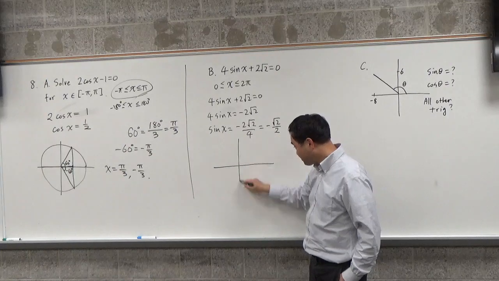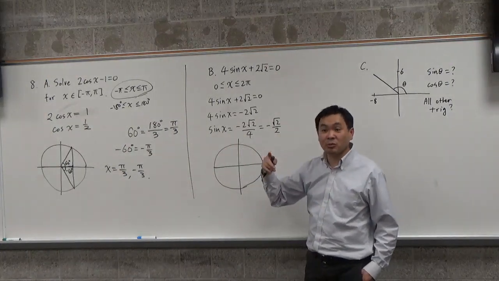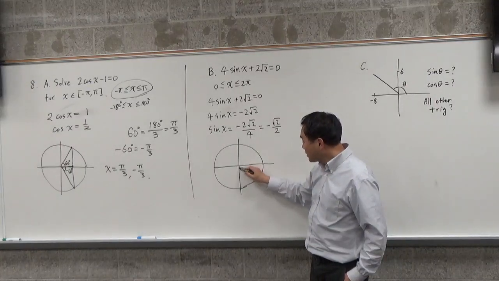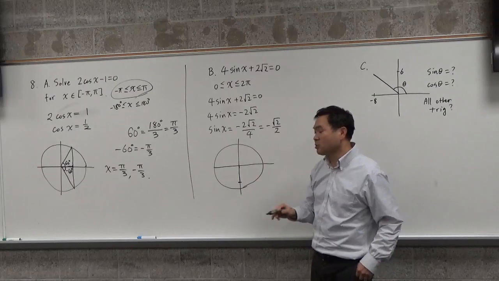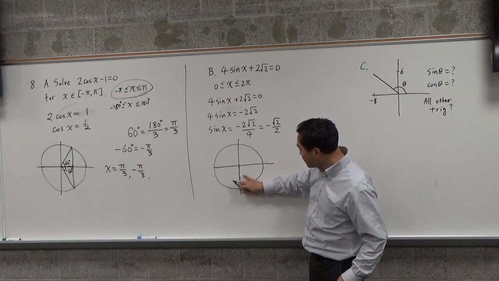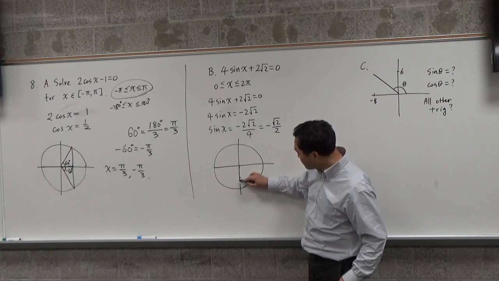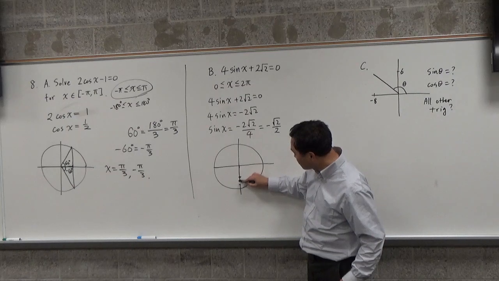And then on the unit circle, because sine is the y value, you're going down, and it's a medium size one. Remember, the small size is 1/2, so it should be right in the middle. And it should be something like here, and then it'd be small, medium, and large. Okay, so we're looking at this one.